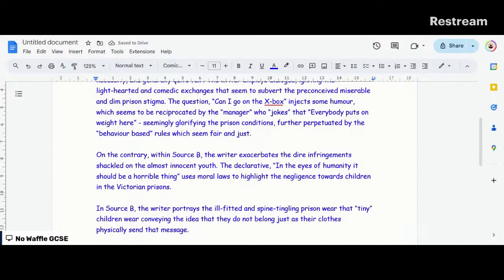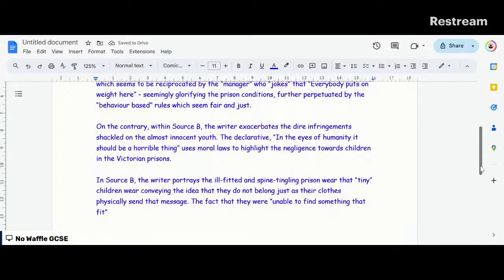So we can then say, using a quote, the fact that they were unable to find something that fit suggests that children shouldn't fit in prisons likewise.